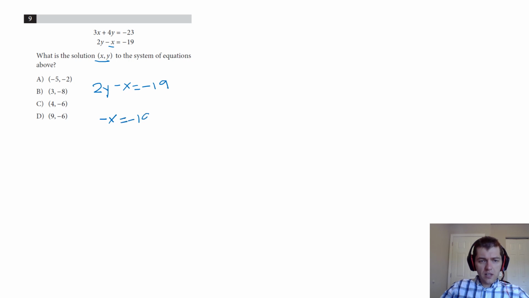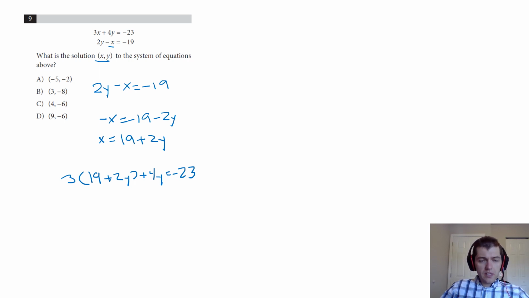Multiply everything by negative 1. You'll have x is equal to 19 plus 2y. Plug that x back in the original equation, so you'll have 3 times 19 plus 2y plus 4y is equal to negative 23.